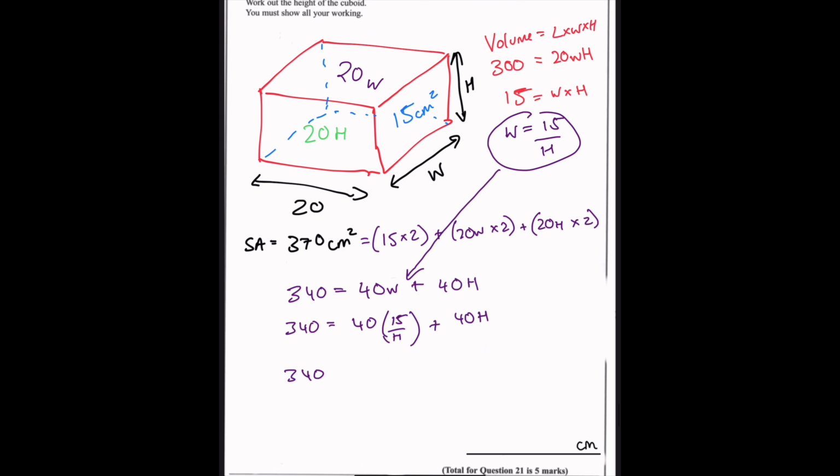So 340 equals 600 over the height plus 40 times the height. I need to rearrange this now to get a height. I don't like that the height is a denominator here, so I'm going to multiply both sides by the height. 340h equals 600 plus 40h squared.